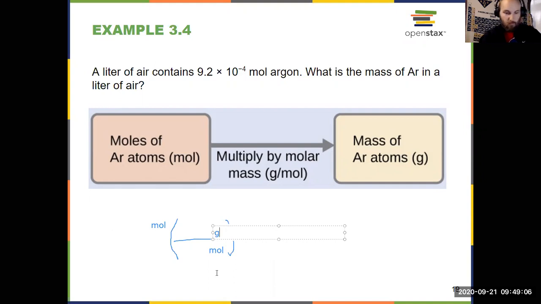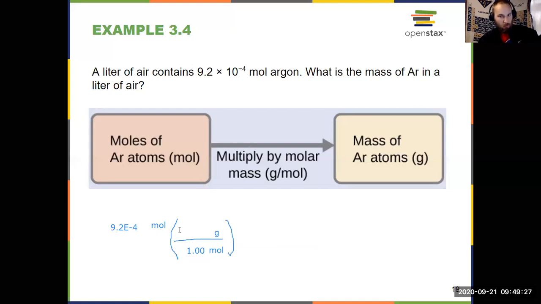Okay? So this was 9.2 times 10 to the negative fourth. If you haven't ever seen that E before, it represents times 10 to. And then I can relate grams to moles. That's no problem, but I have to do it for argon specifically. So I go to argon on the periodic table.